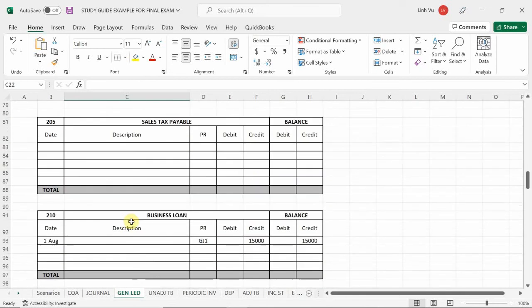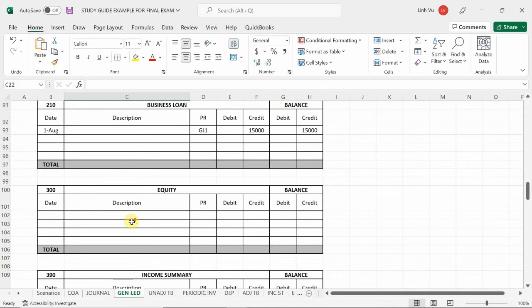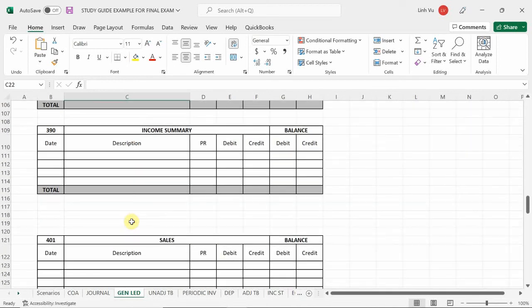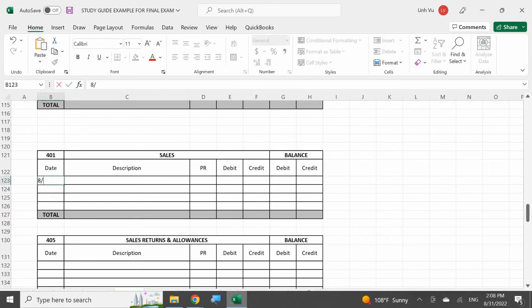Now we actually have to recognize sales. So we go to equity, income summary, sales. Here you go, sales, for the 16.